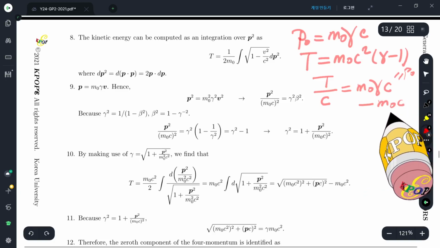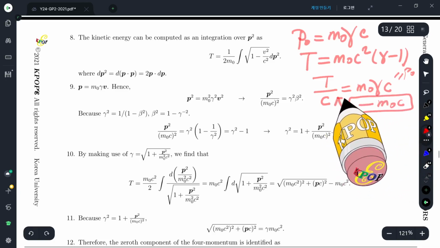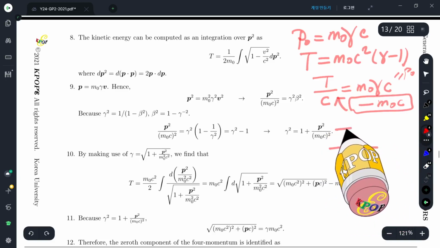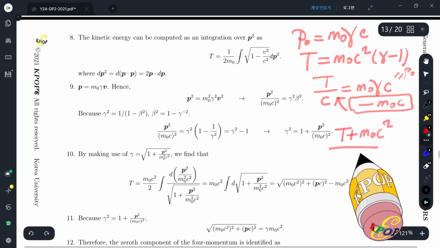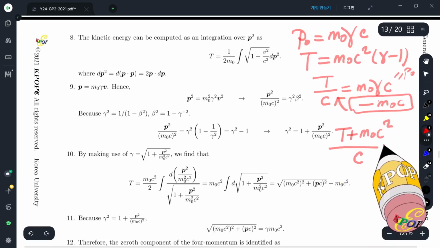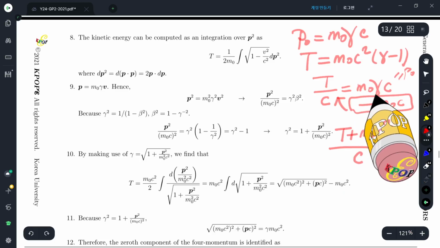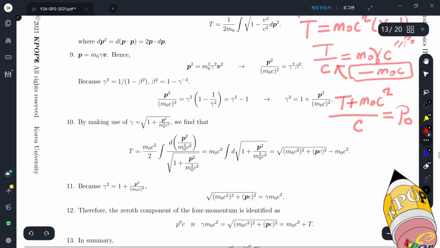Why don't we move this to the left hand side? Then what I get is (kinetic energy plus m0c squared) divided by the speed of light equals P0. m0 gamma c is P0. Now I understand.